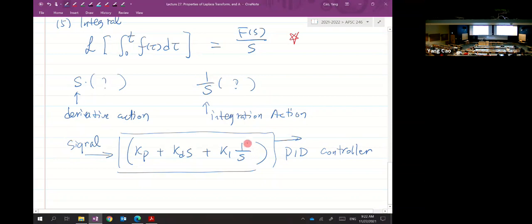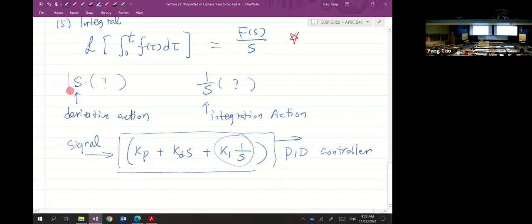Okay, and then if you multiply the input signal by KI with 1 over S, 1 over S is an integral action. So you're literally just integrating the input signal with this integral action here. Now you might wonder, why do you do this? That's a different future subject, how this is helpful when controlling certain actions of a system.